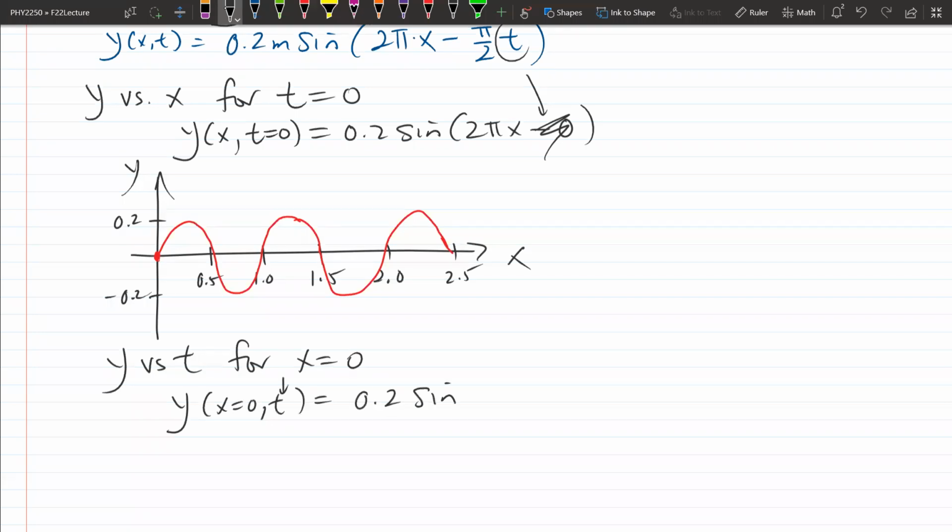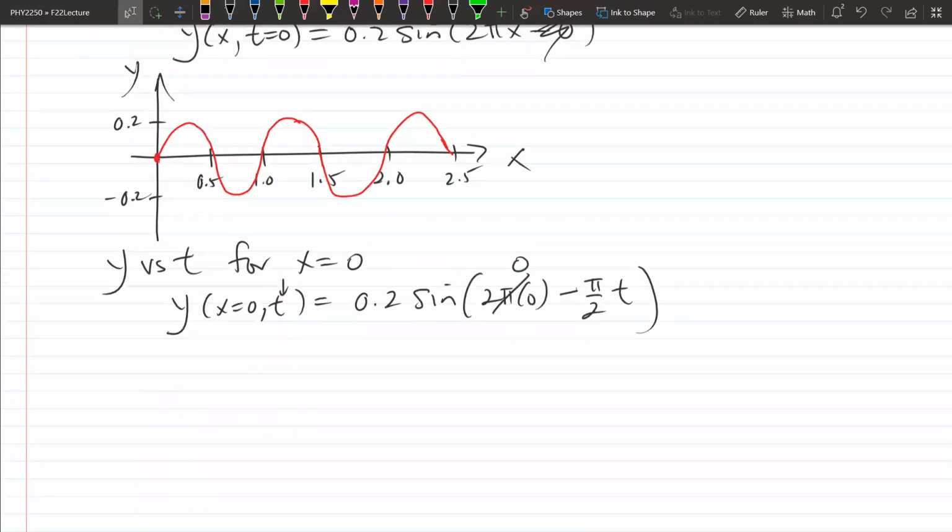Sine, and as opposed to 2 pi x, we get 2 pi times 0, so that whole term turns out to be 0, minus pi over 2 times time. Since there's a minus sign in here, and sine is an odd function, we know this is actually going to be an upside down sine wave.